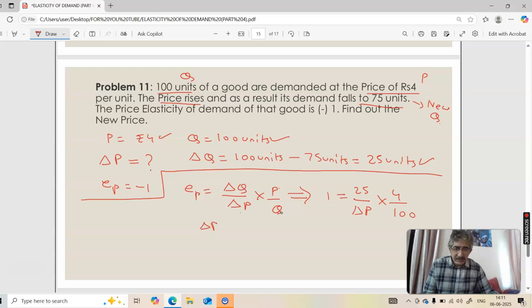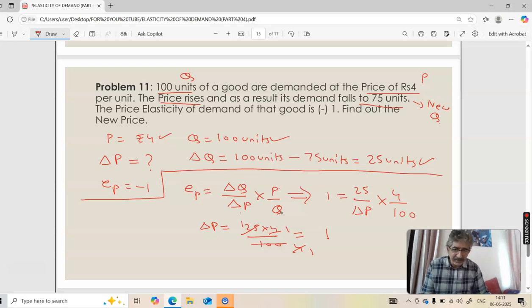Now you can easily calculate delta P, which will be 25 into 4 upon 100. Okay, this comes to how much? 25 fours are 100, so it comes to 1. So delta P is 1 basically.